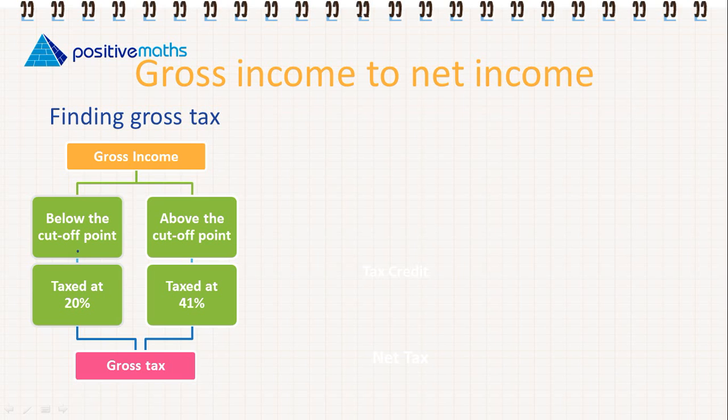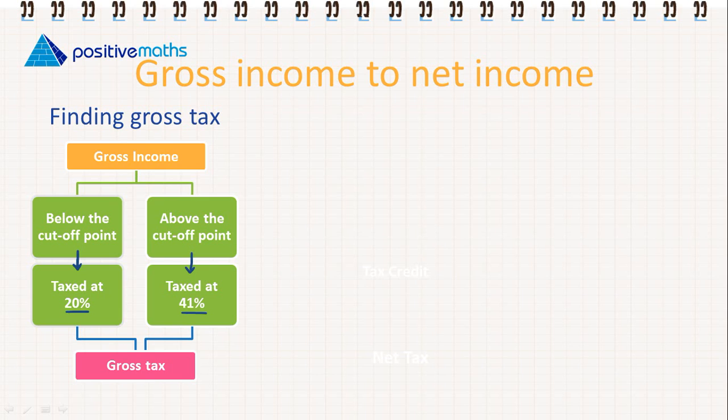So any money below the cutoff point is taxed at 20%, and any money above the cutoff point is taxed at 41%. Now, I'd just like to point out that we're saying around 20%, around 41%. We will be given the exact percentage that we need to use in the question. So it varies, but it's usually around 20 and 40.